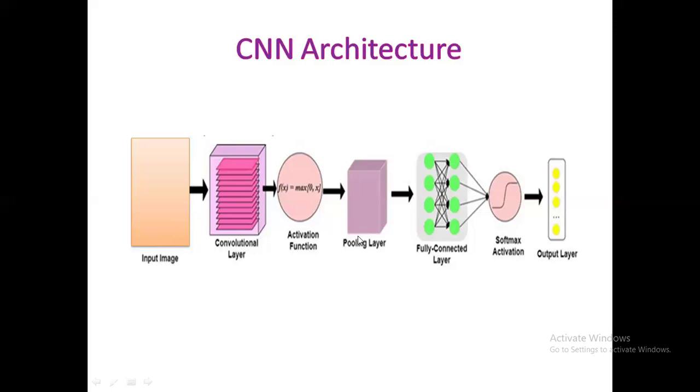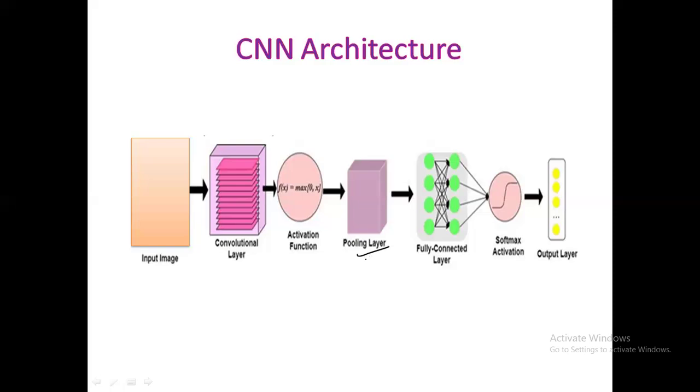Next, the pooling or subsampling layer reduces the dimensionality of the feature maps, which helps in lowering computation and preventing overfitting, and making the network invariant to small translations in the input image.